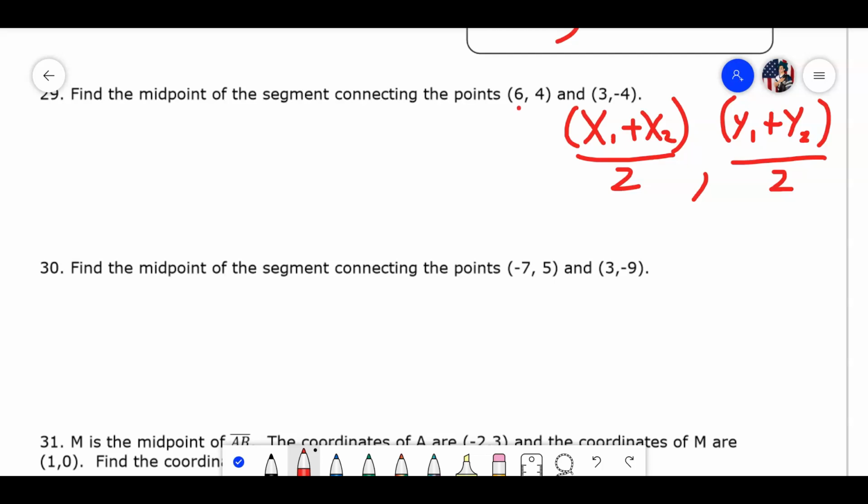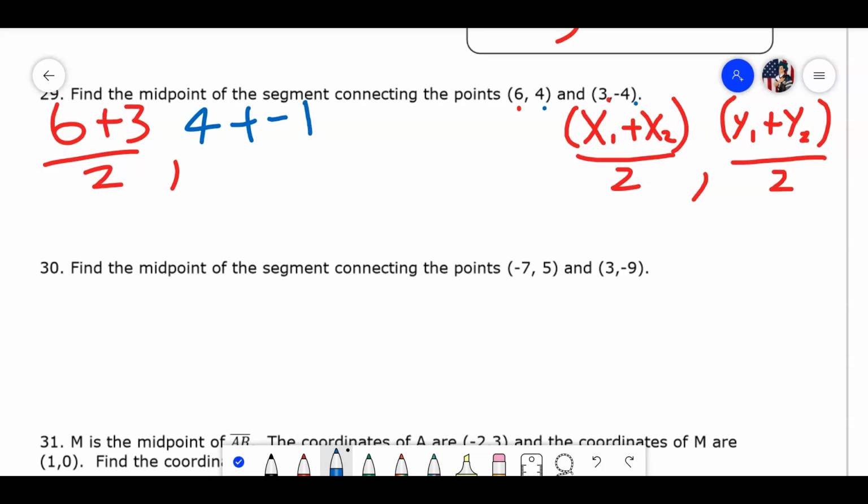So let's do that. Those are my two x values, 6 and 3. So 6 plus 3 divided by 2. What about my y values? 4 and negative 4. So 4 plus negative 4 divided by 2.